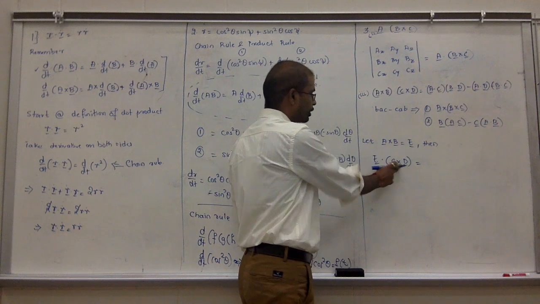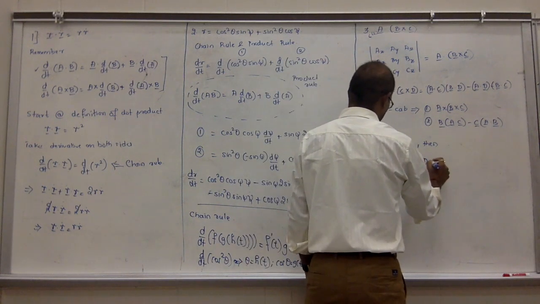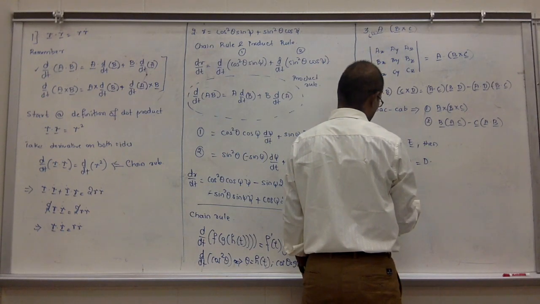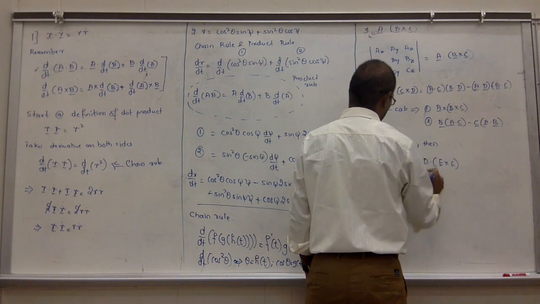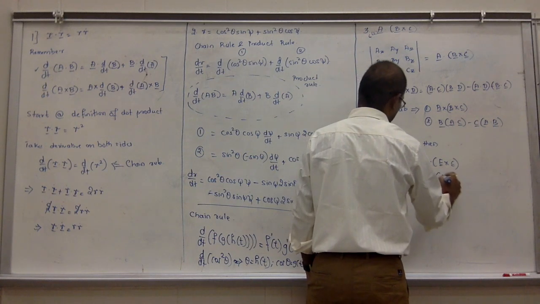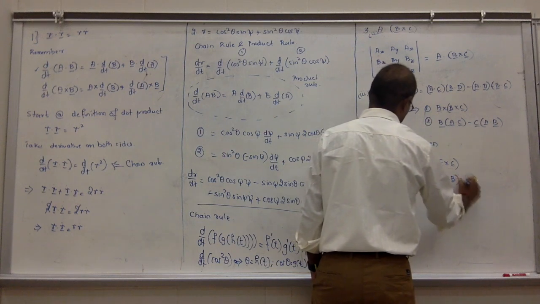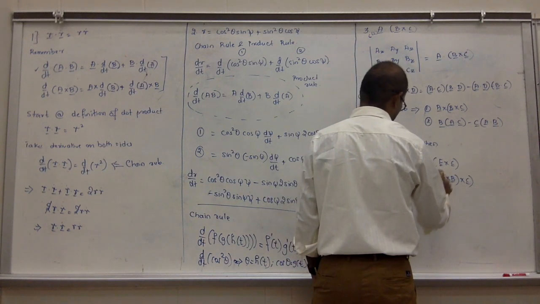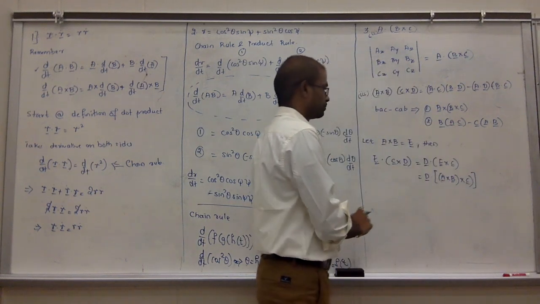Okay? So what are you going to get here? D dotted with E cross C. Right? So what you're going to get here is D dotted with A cross B cross C. Now here you can apply the back minus cap rule.